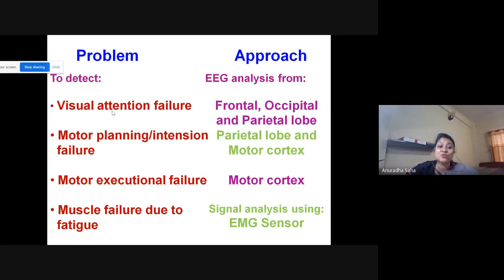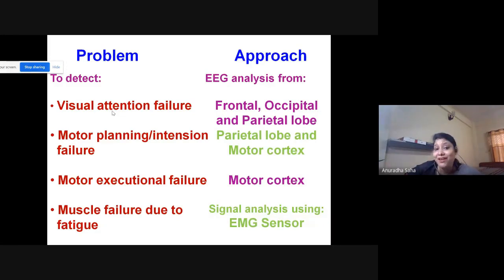So muscle failure due to fatigue could be the last reason of cognitive failure of any vehicle driver during driving. If we can detect that these are the cognitive failures of a driver while driving, then obviously it becomes easier for us to find out the approaches. So what approach can we take to solve these problems?